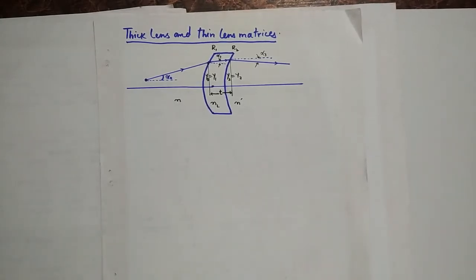Hello students, in our earliest lectures we derived the matrix for the translation of a light ray through a homogeneous medium, and then we derived a refraction matrix for a spherical interface, and then we found how to transform that matrix from a spherical interface to a plane interface.